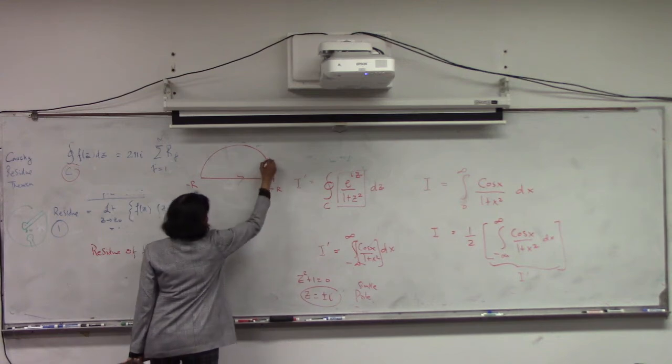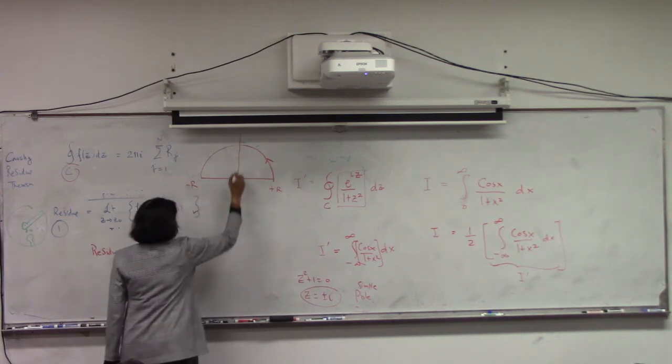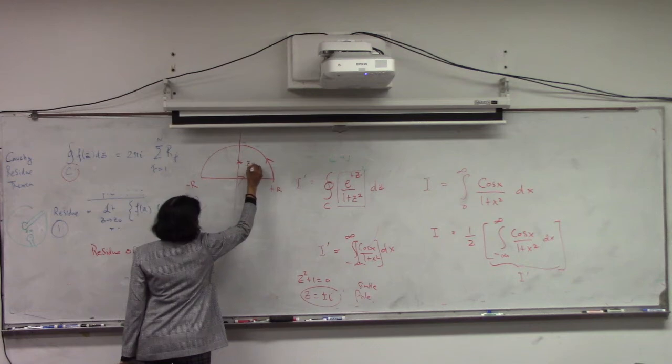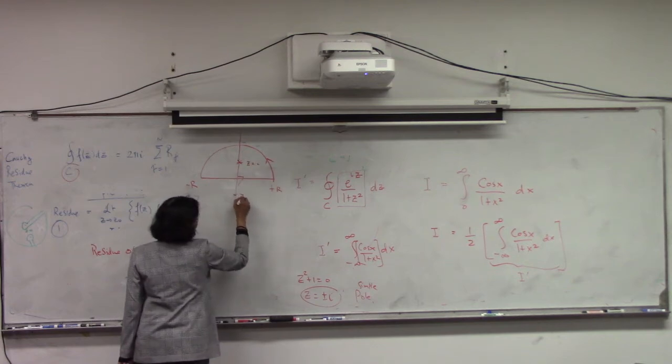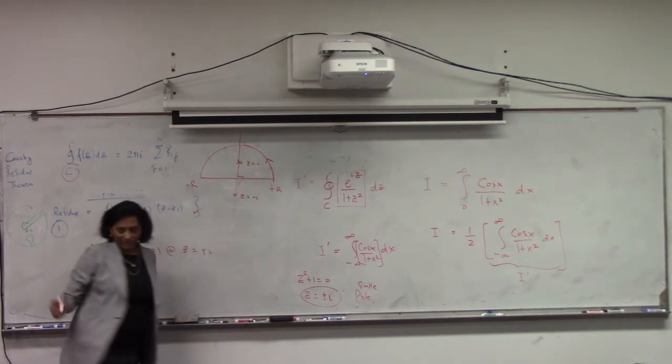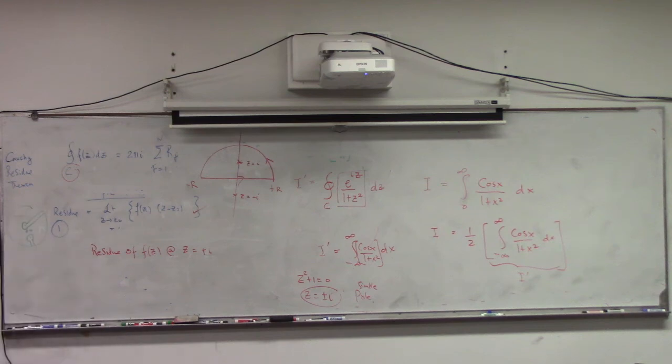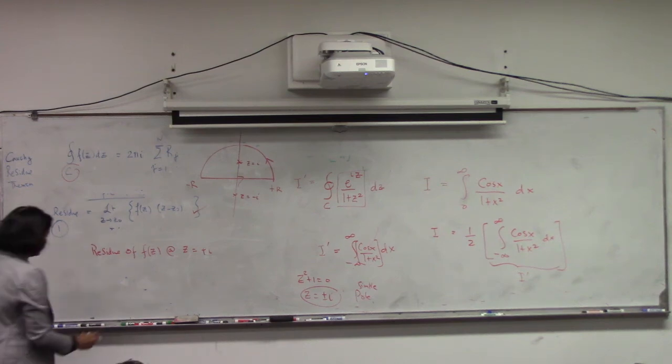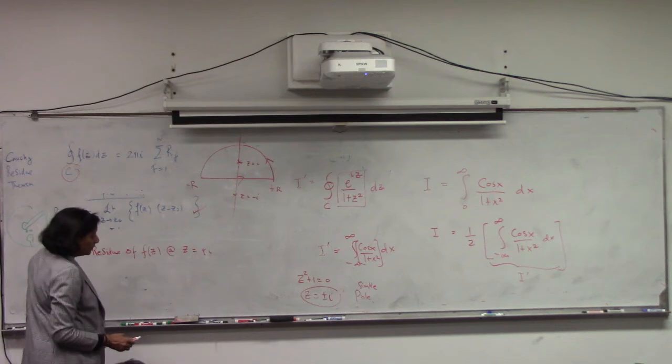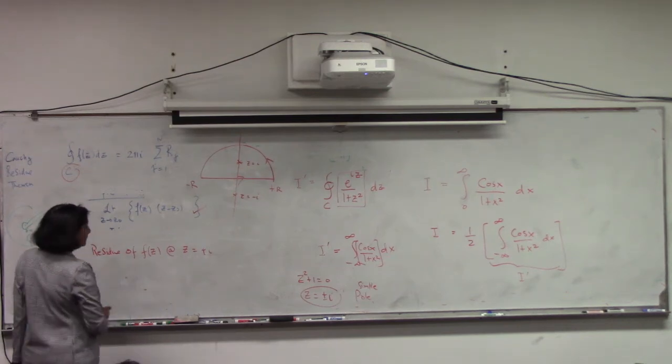So I will traverse similar to what we had. The other pole I'm going to ignore, because it will not appear in the Cauchy residue theorem. It's there for the integrand, but it's not enclosed. Okay, so simply the same thing, right?